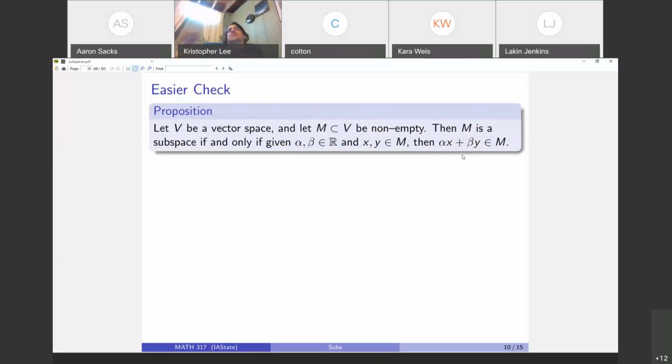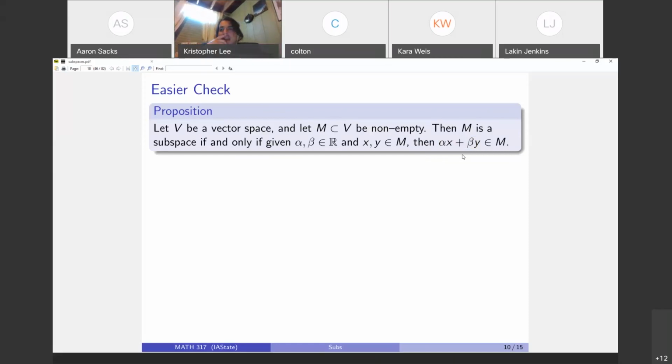So rather than proving scaling and addition separately, do it at the same time. That usually makes life a little bit easier. So this is a nice tool to prove, so that we can more easily verify that certain subsets are subspaces. That's going to be our goal.